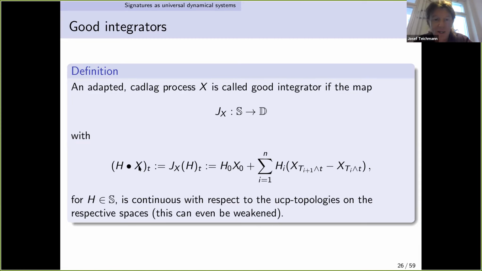I don't go into detail here, but it's a beautiful notation. So this is just the stochastic integral of H with respect to X, right?